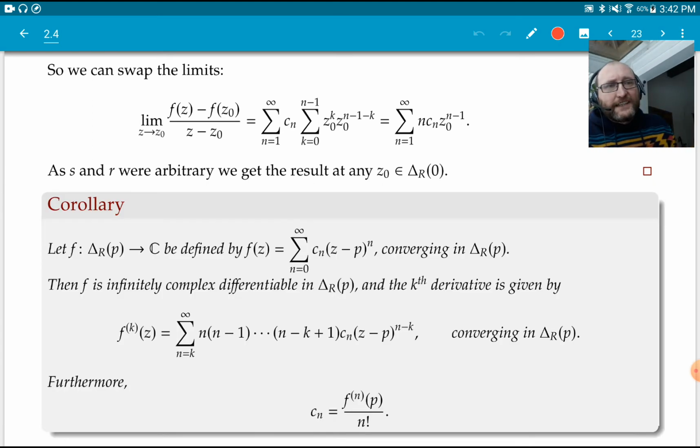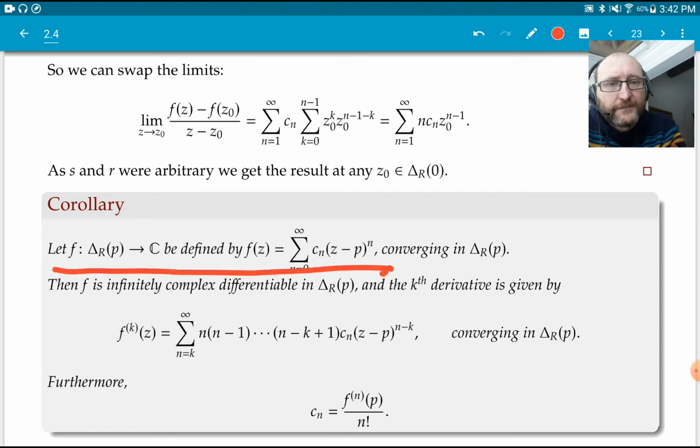Now it's useful to look at this result and look at what it means when you basically do an induction. So just keep repeating it. Suppose it starts basically the same way. You have this convergent power series on some disk.